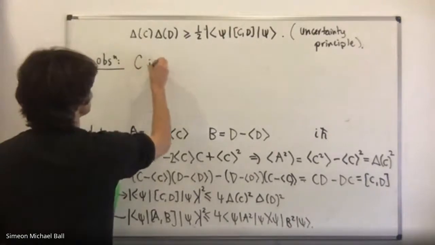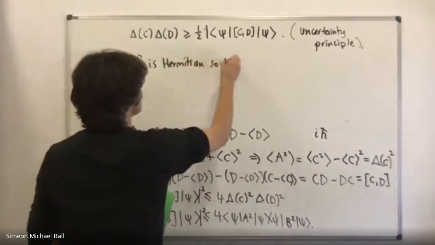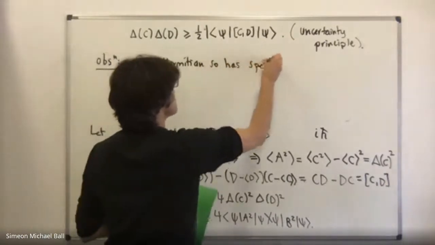So let's say C is Hermitian, so it has a spectral decomposition.